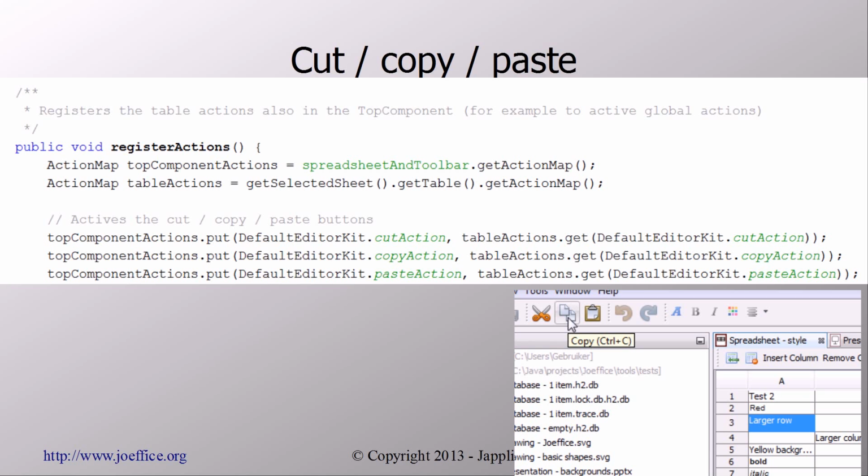So to enable it, you just need to put the action in your top component. So it's just by getting the action map of the top component and then putting the cut, copy, paste action in there. It's good to do it when the component is enabled, and to unregister them when it's not selected anymore.